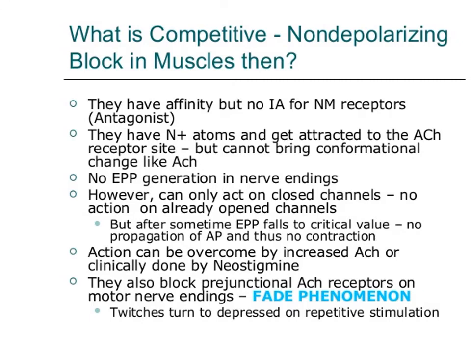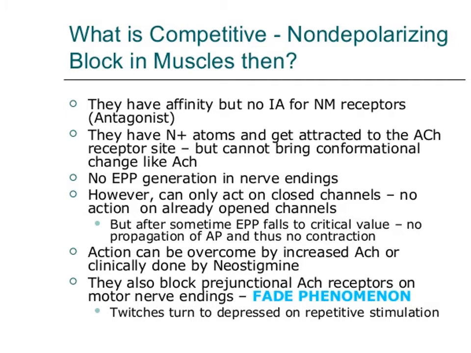Now we are going to discuss non-depolarizing skeletal muscle relaxants. I have told you that non-depolarizing skeletal muscle relaxants are competitive, meaning that they are going to compete with acetylcholine, which is the natural neurotransmitter at your neuromuscular junction. First of all, there are certain key points about these non-depolarizing skeletal muscle relaxants.